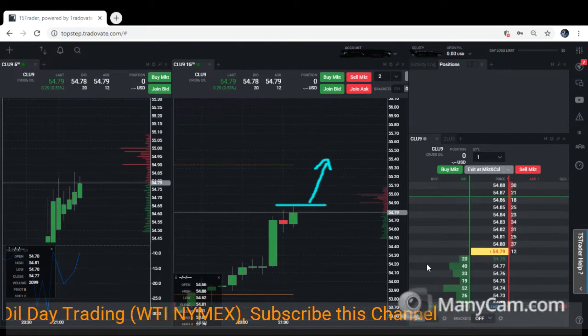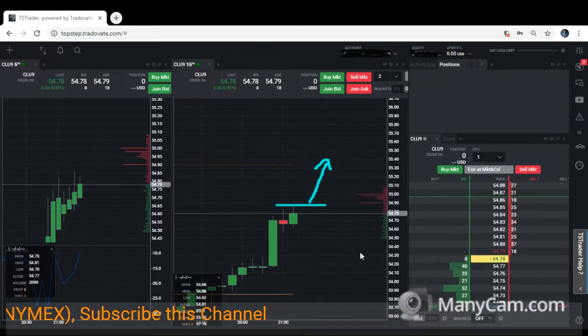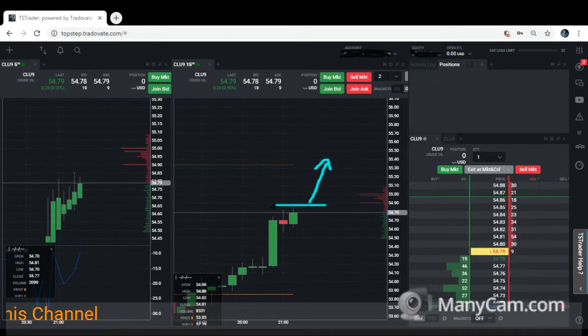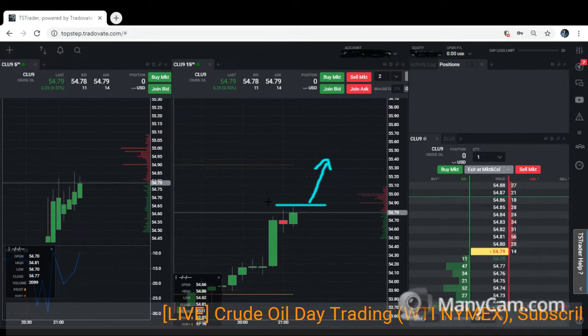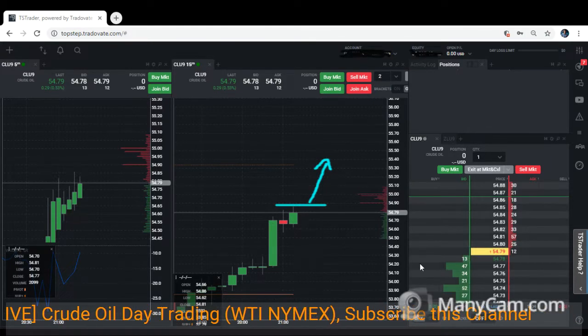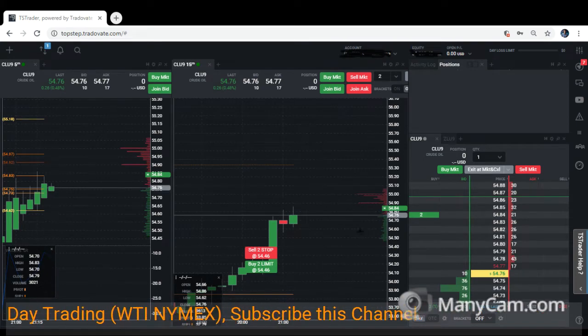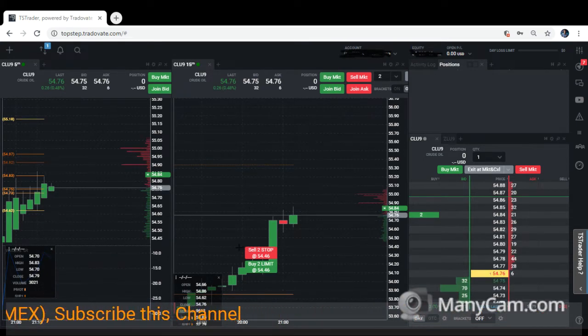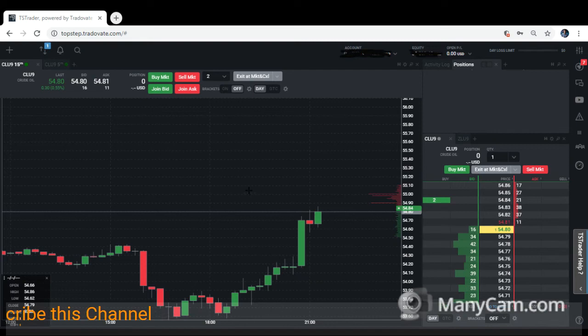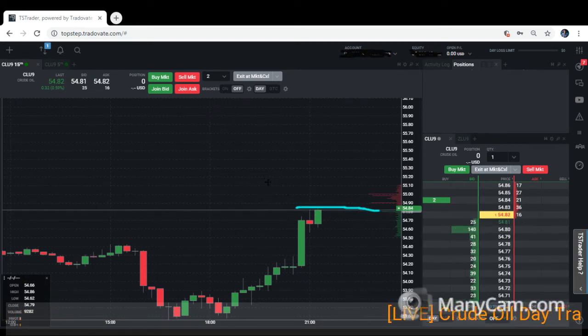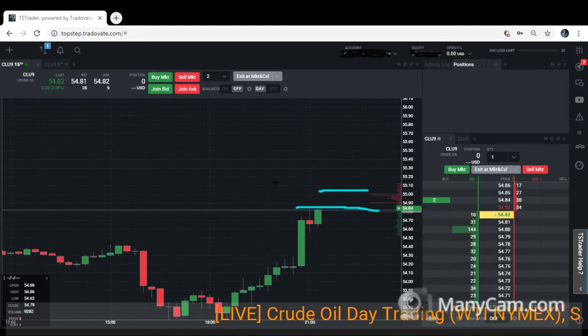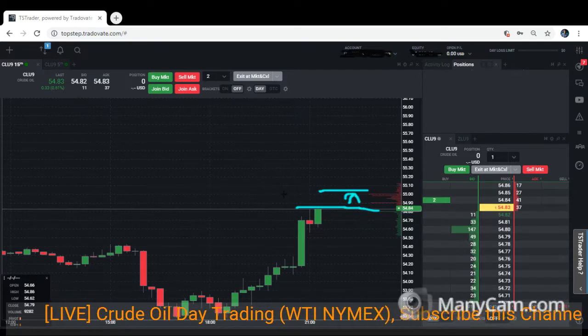Maybe in 2 minutes we can confirm there will be an entry, and this entry will be at 54.88, I guess. So let's wait. Okay guys, we have a confirmation. Okay, we are queuing at 54.84, targeting somewhere here for a bullish movement.